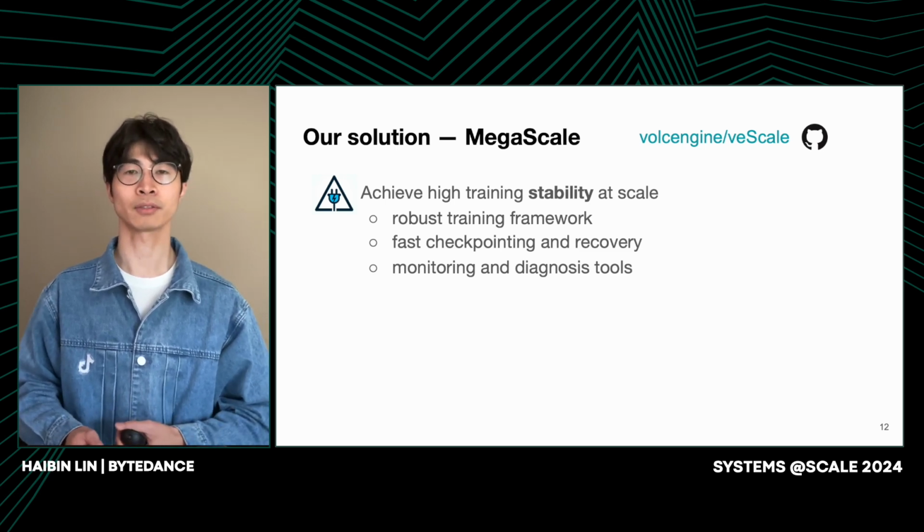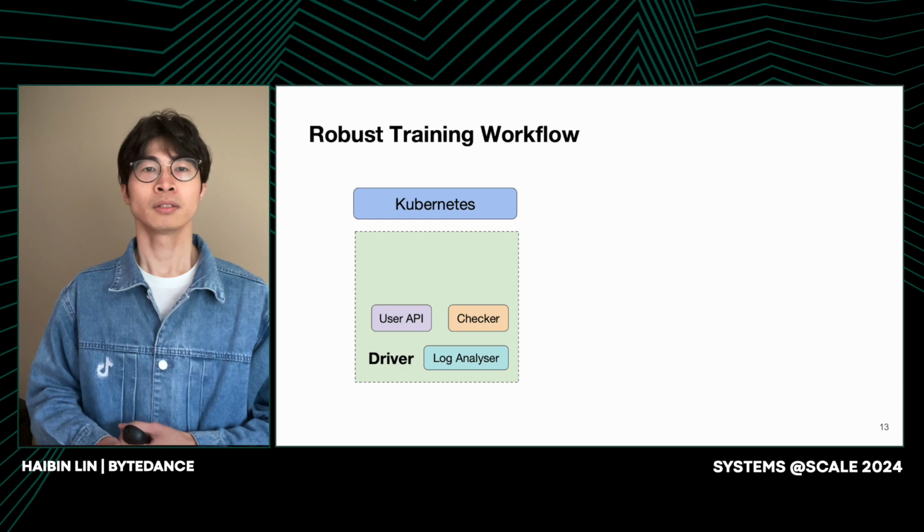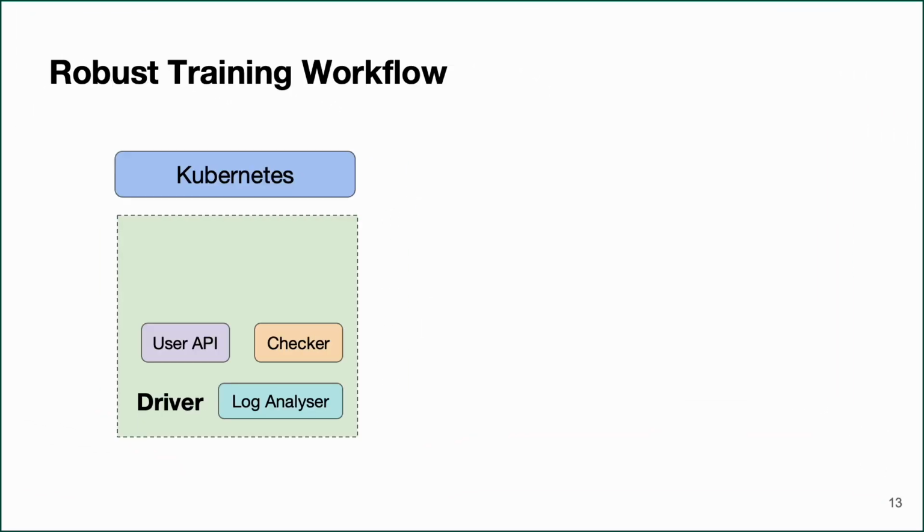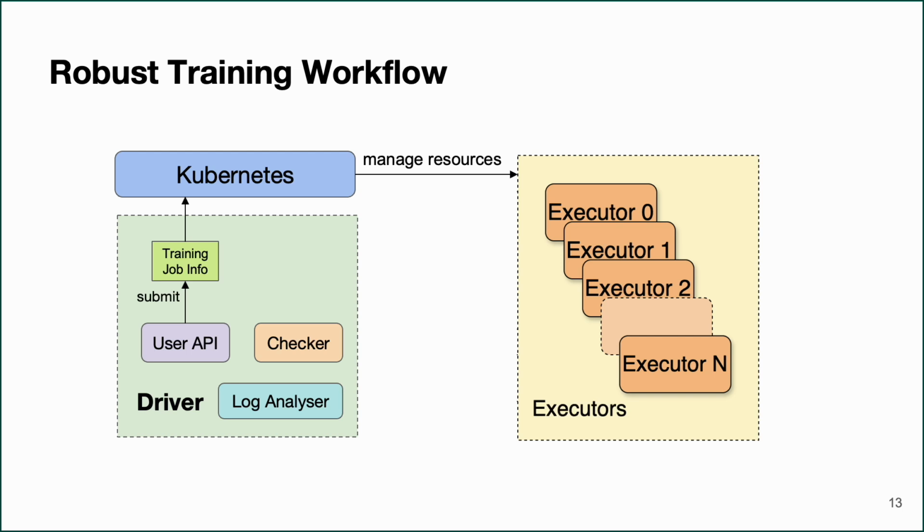So let's look at the robust training framework. We use Kubernetes for scheduling at ByteDance, and usually you have a single training job. When we start, Kubernetes would ask for resources.